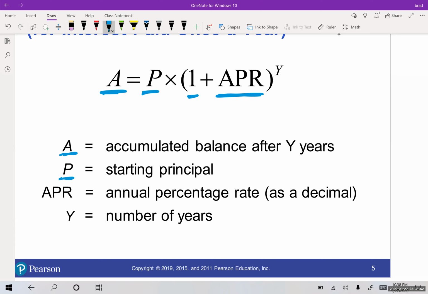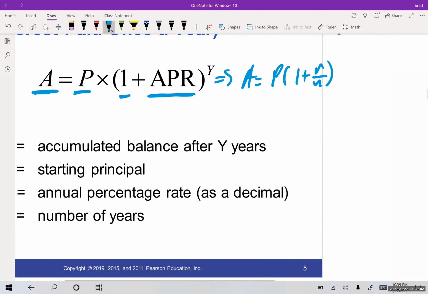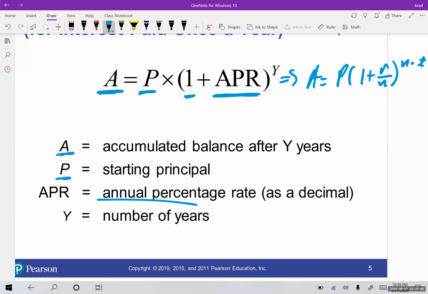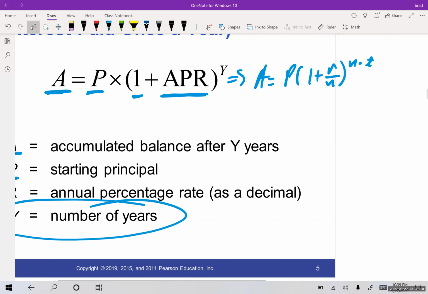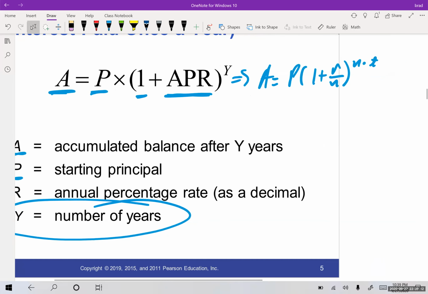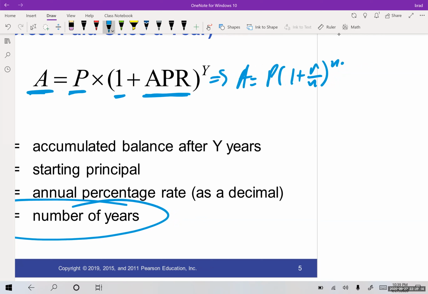I wasn't taught this formula. I was taught A equals P times (1 plus R over N) to the N times T, where T is the number of years. In your book they call it Y, so I'll say N times Y for us.